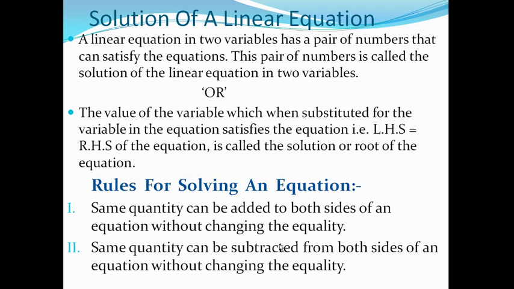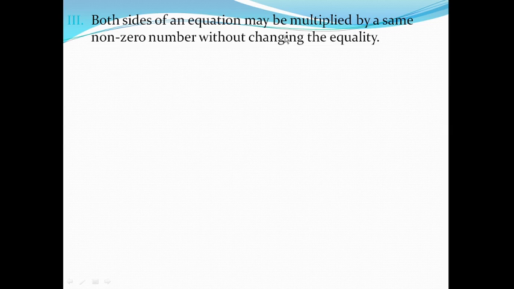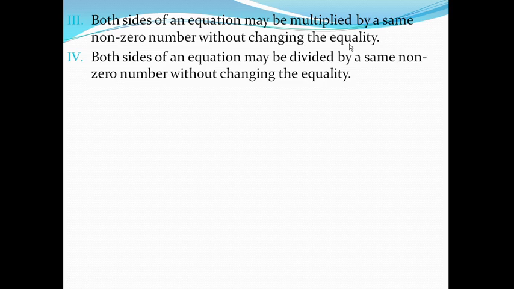Similarly, we can subtract the same quantity from both sides. Then we can multiply both sides by the same non-zero number without changing the equality. And similarly, we can divide both sides of the equation by the same non-zero number.